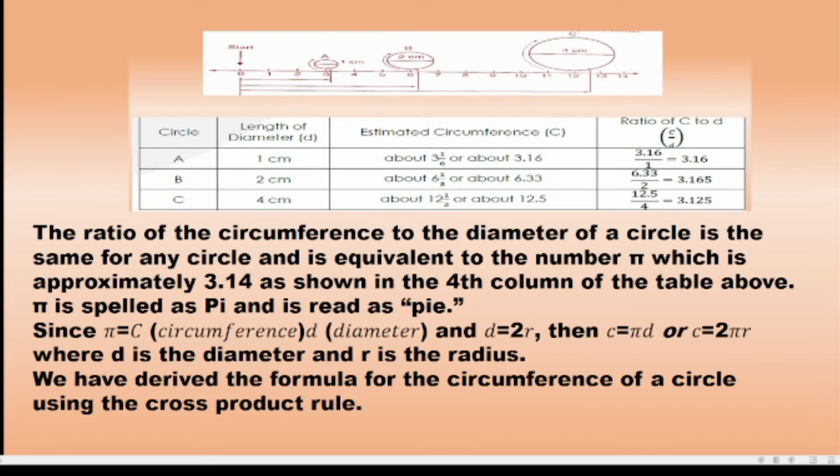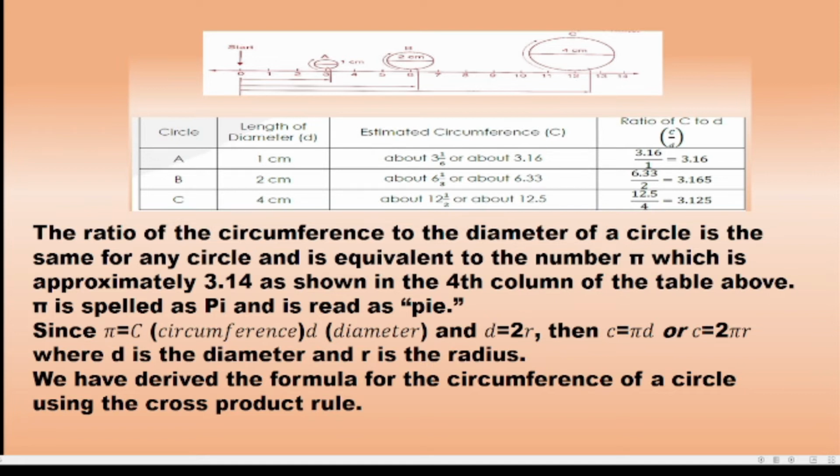Pi is spelled as P-I and is read as pie. Since pi is equal to C over D, circumference over diameter, and D is equal to 2R, then circumference is pi D, or C is equal to 2 pi R, where D is the diameter and R is the radius.